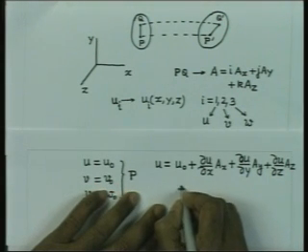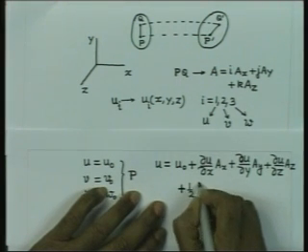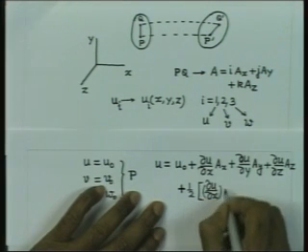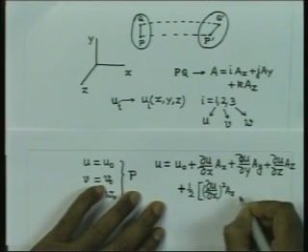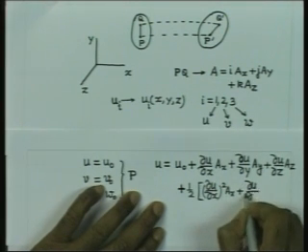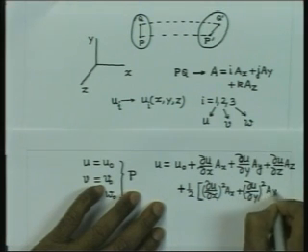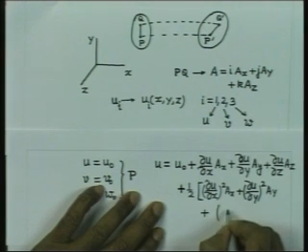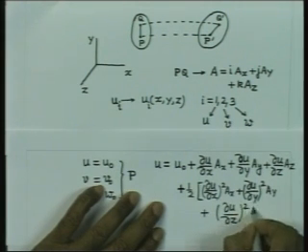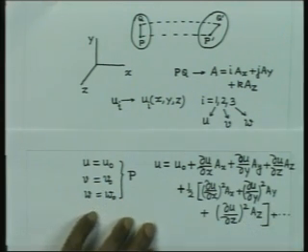Then we are also going to get second order terms, which are nothing but delta squared u delta x squared into Ax plus delta squared u delta y squared into Ay plus delta squared u delta z squared into Az, and we can have higher order terms.